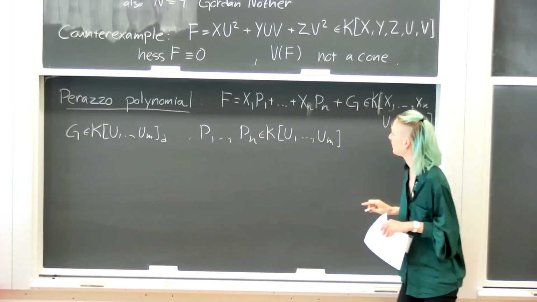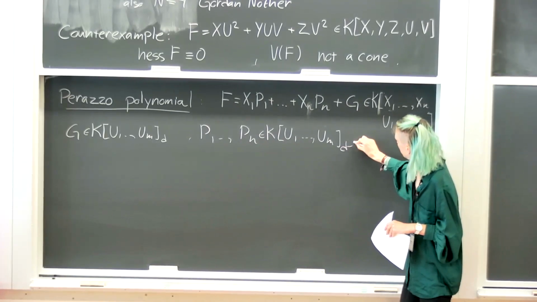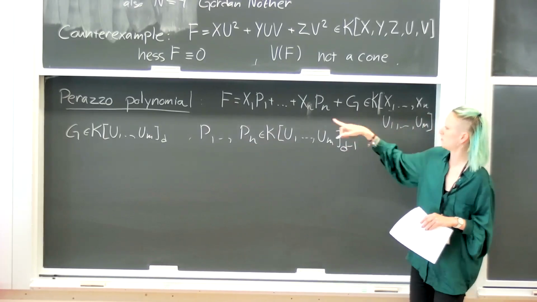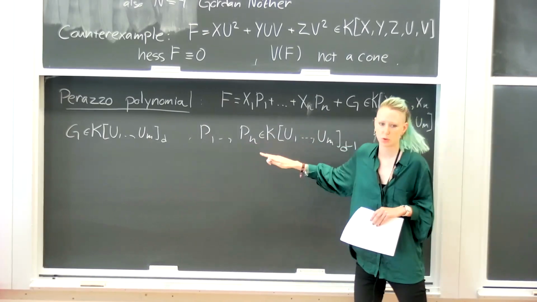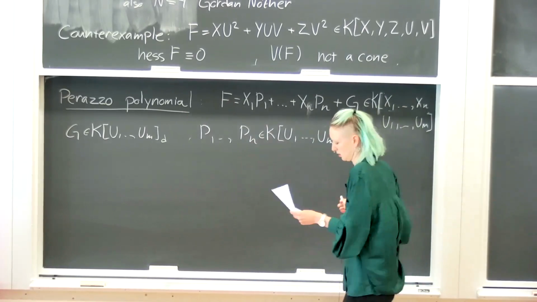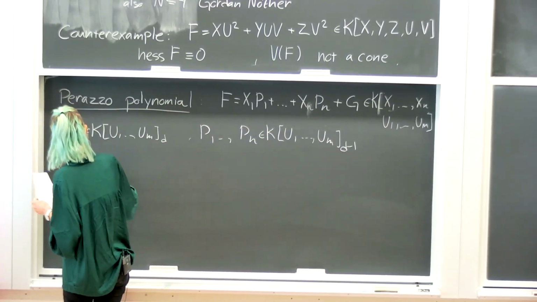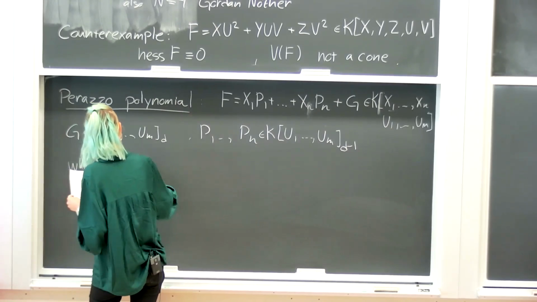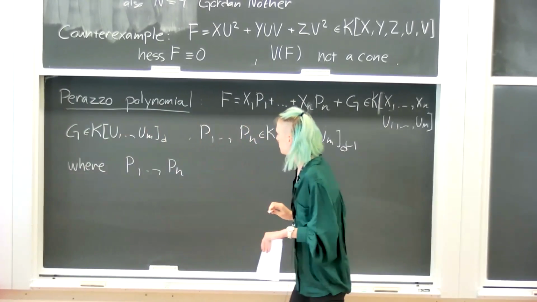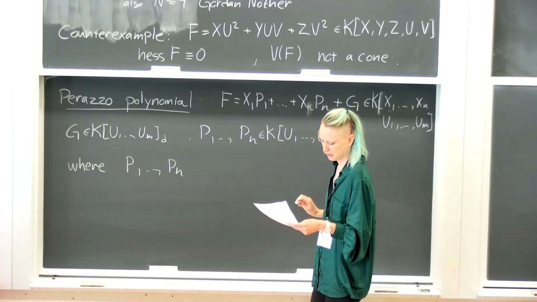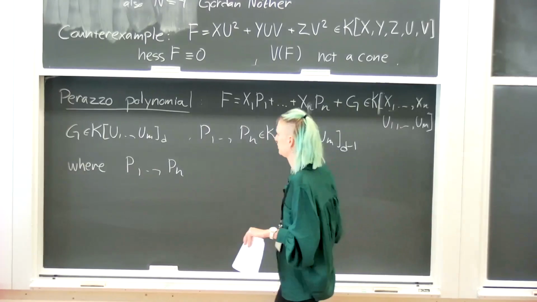And then the p polynomials should be homogeneous in degree d minus 1, so that f gets degree d. And moreover, I have some requirements on these. So these should be linearly independent, but algebraically dependent.